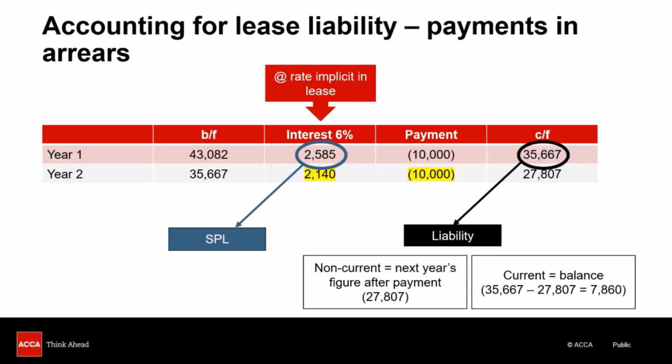So at the current year end, this 2140 interest has not accrued. So we subtracted it from this installment to be paid of 10,000, and the balancing figure that we get is the same 7860. So these are the two methods for calculating current liability, and non-current liability can be calculated using the working for the next year of the lease liability. This was for payment in arrears.